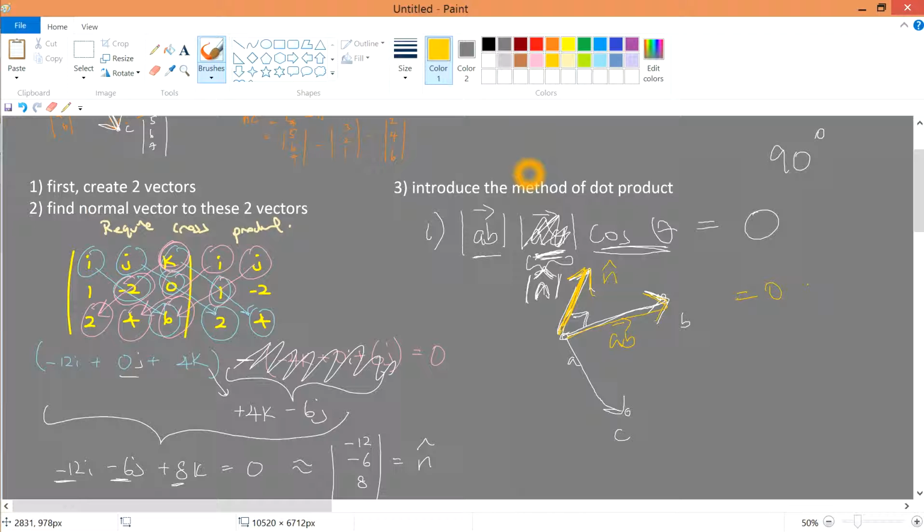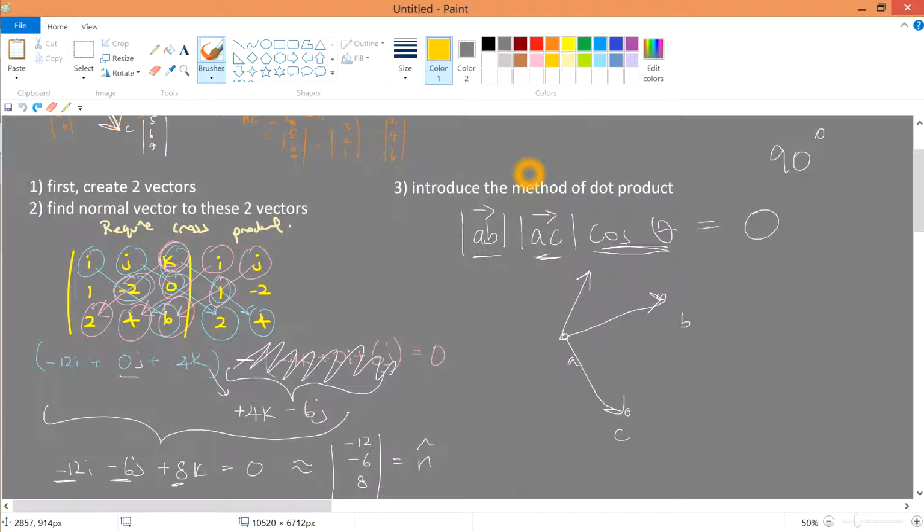This is the second definition. It is exactly the same as the first one, just that it's in terms of cosine theta. Sorry for this confusion, but simply said, that's the whole general idea.